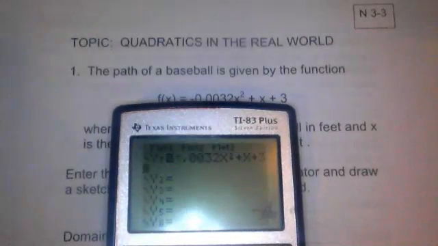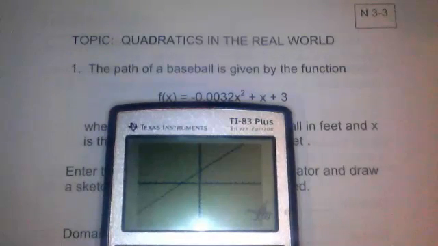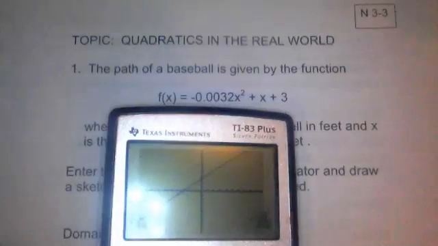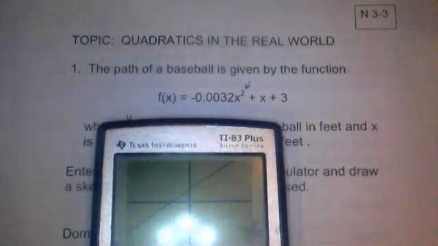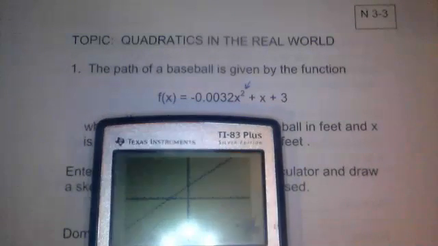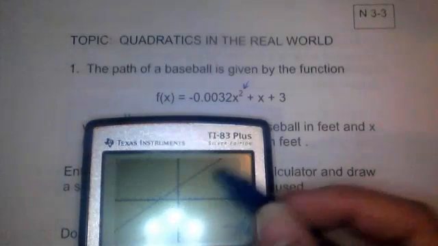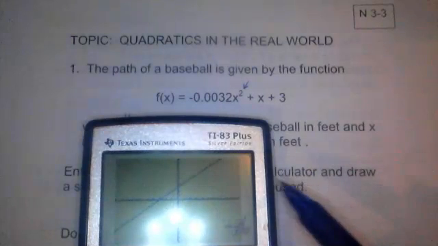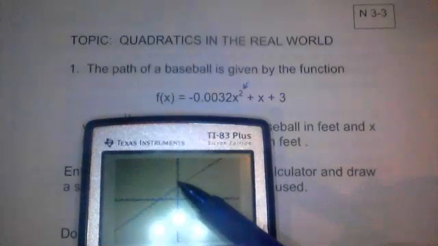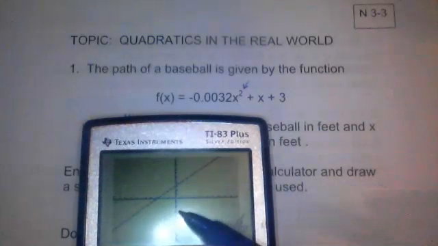They want us to sketch this. Well, if I use a normal Zoom 6 window, like we talked about last time, this looks like a line. And I know that it is not a line because it's an x squared, which means we've got a parabola. And it looks nothing like a parabola. So we know that we need to see a whole lot more going up and to the right, because in this situation, negative numbers are really not going to be important to us.